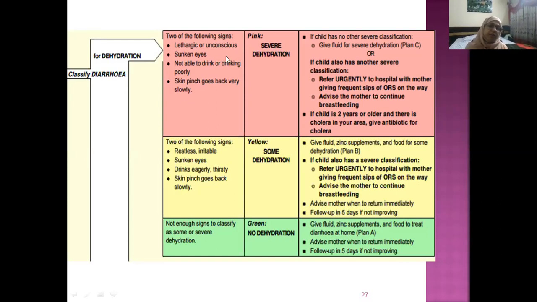If there are not enough signs for classification of severe dehydration or some dehydration, then the baby is suffering from acute watery diarrhea with no dehydration.